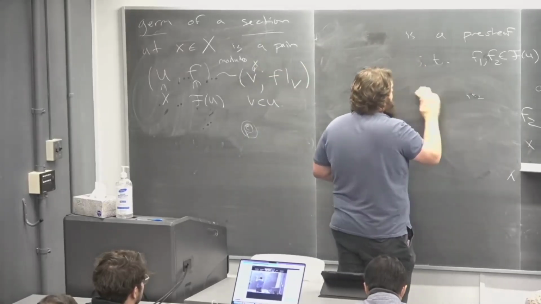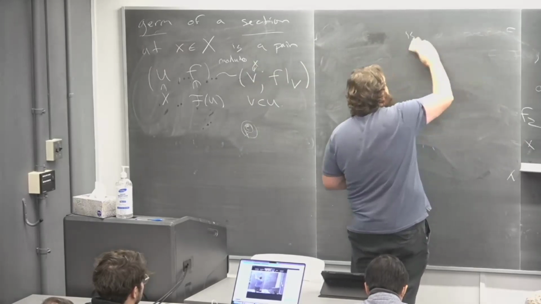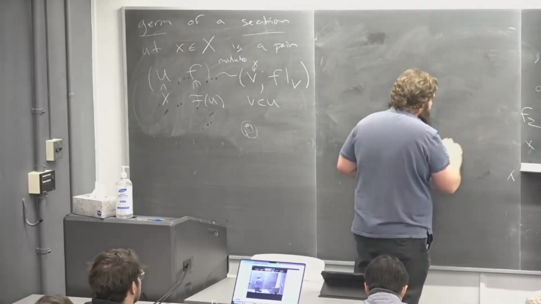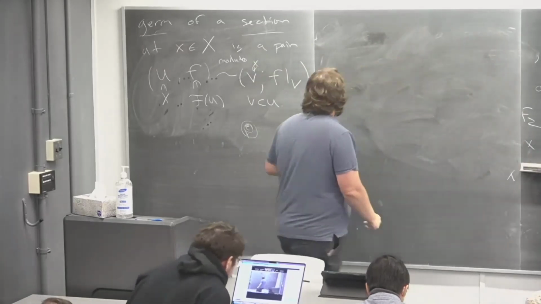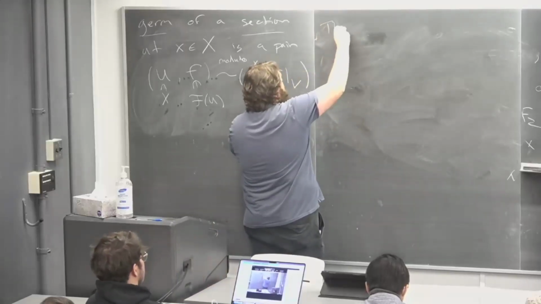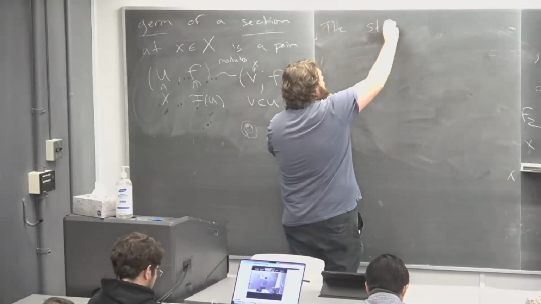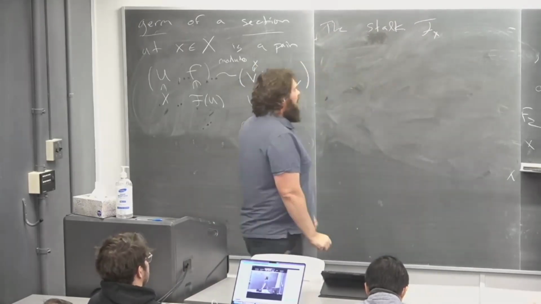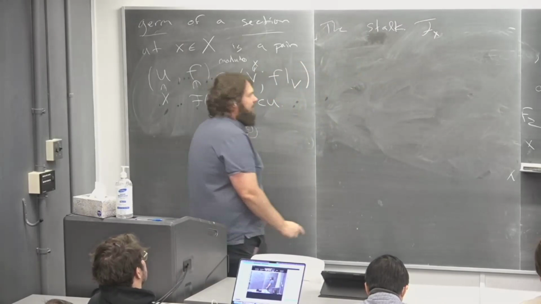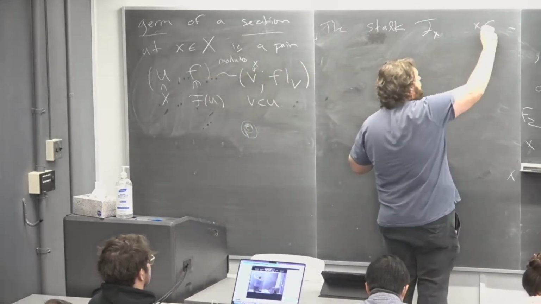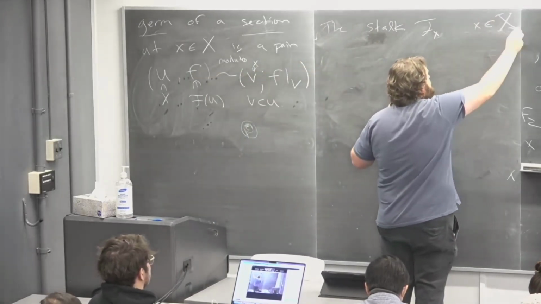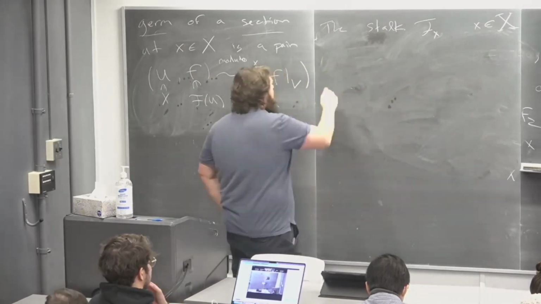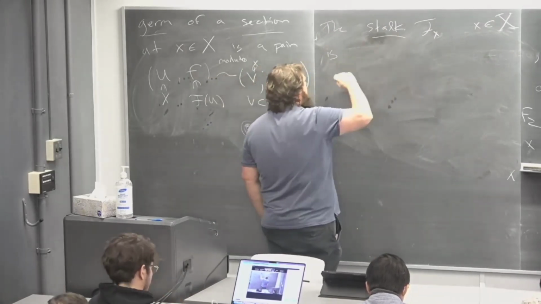If I look at all of the germs at a point x, those form a nice set, which we call the stalk. So this is F sub x, where little x is a point in my space, the set of all germs at x.